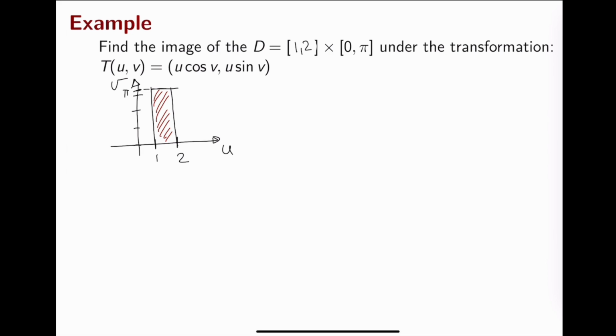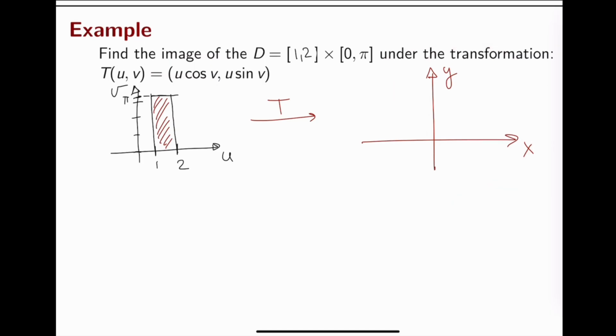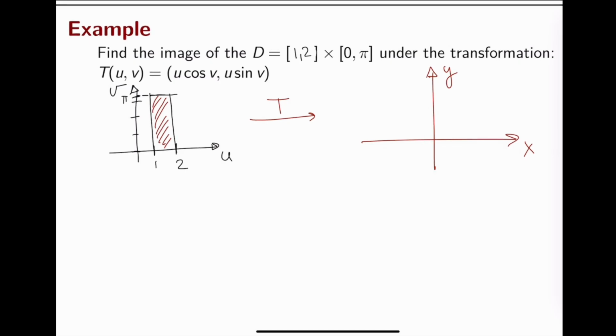But now let's apply the transformation T, which is this function here, and see what this transforms into for the variables x and y. So let's take each of the boundaries here and see how they transform in the xy system. The first one, for instance, is a line.